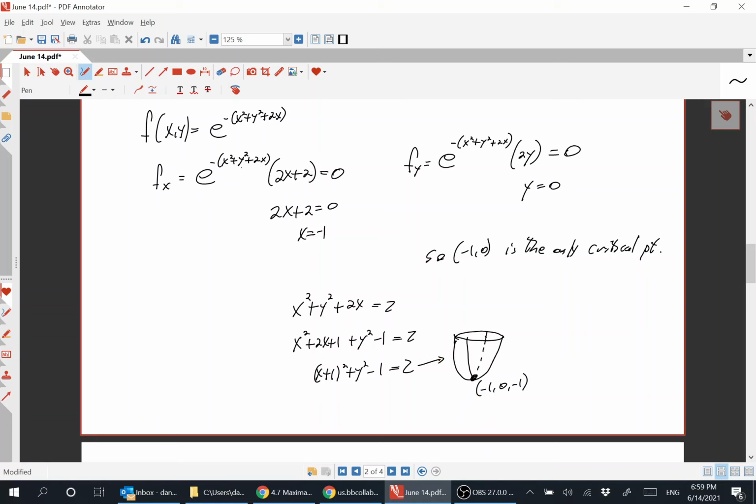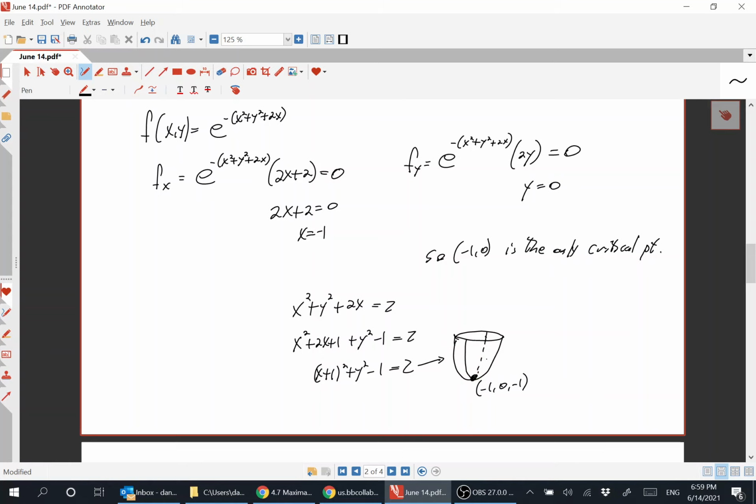So when you take e to that negative power, it's going to give you a relative maximum at that point. And then after that, the exponent is just going to get larger and larger, which is going to make e to that negative quantity smaller and smaller.